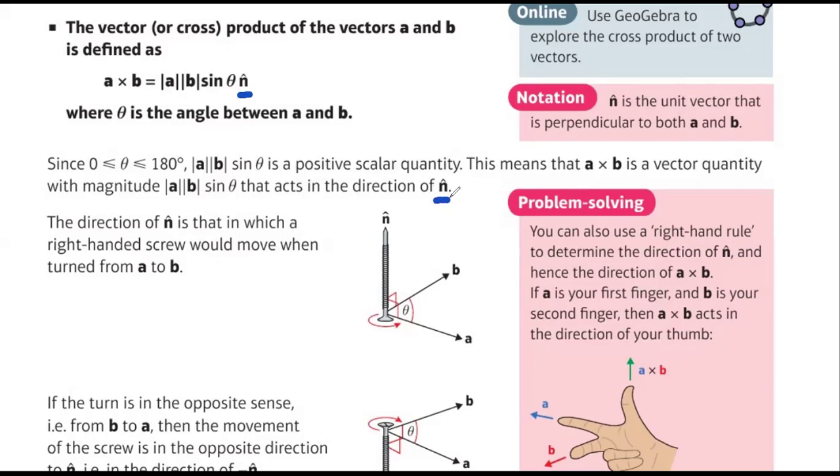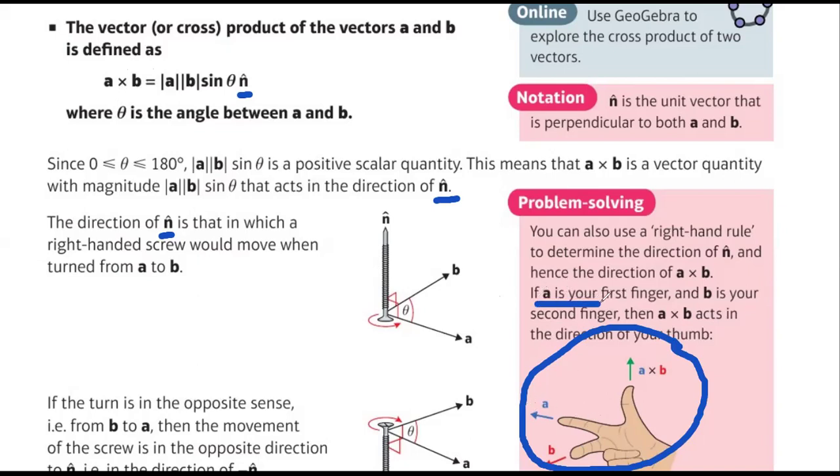What is the meaning of n? The direction of n is the direction in which a right-handed screw would move when turned from A to B. You can use this method to find n. Vector A and vector B we can denote like this.